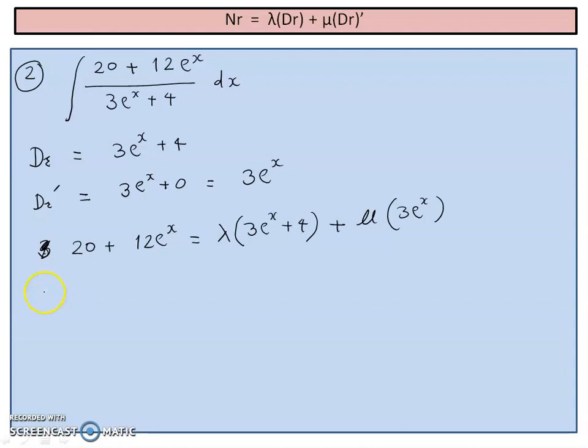So what we get? 20 + 12e^x will be equal to e^x.